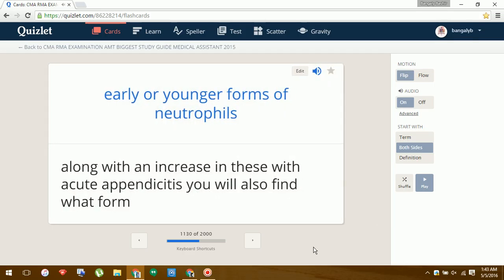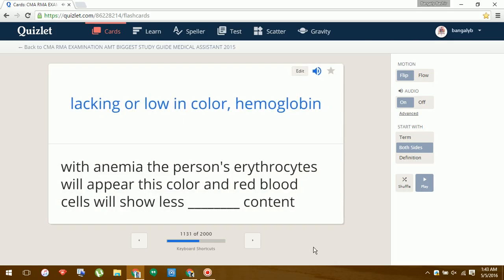Early or younger forms of neutrophils. Along with an increase in these with acute appendicitis, you will also find what form? Lacking or low in color, hemoglobin. With anemia, the person's erythrocytes will appear this color and red blood cells will show less hemoglobin content.